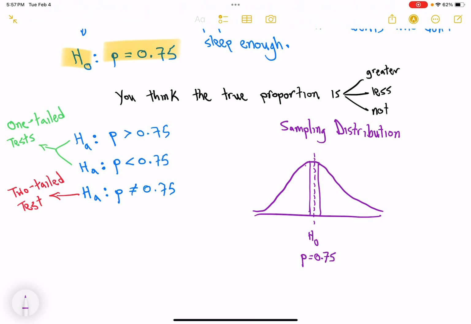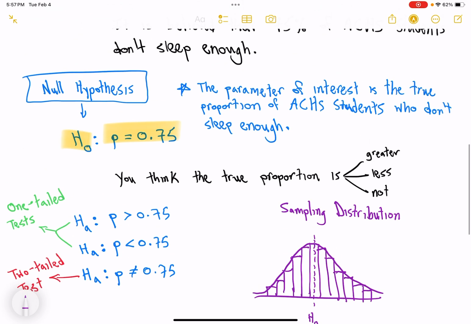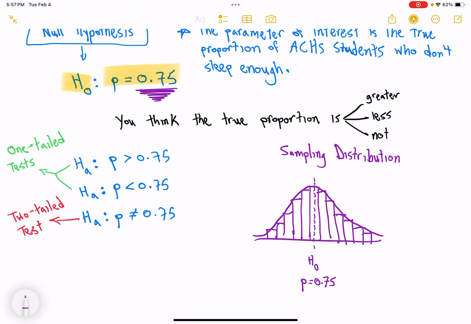Imagine that each one of these bars contains a bunch of different samples, all of the same size, that vary ever so slightly from a proportion of 0.75, right? From that mean, right? Because as we know, this null proportion here, this null hypothesis value, there's a certain amount of error that could be seen from one way or the other of that particular value, right?